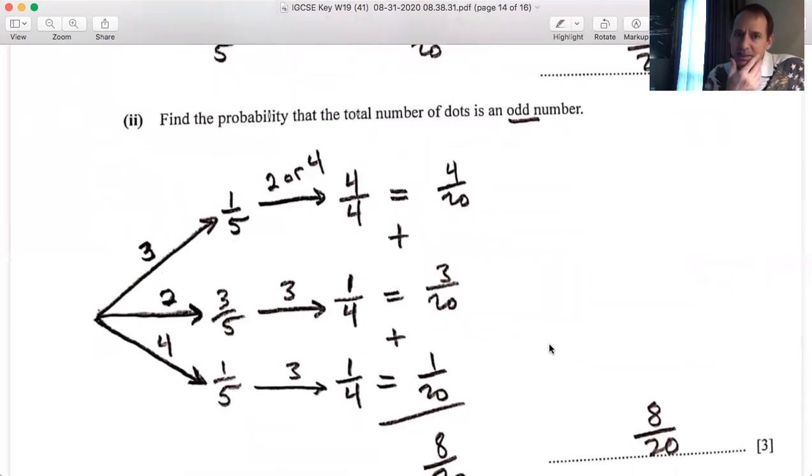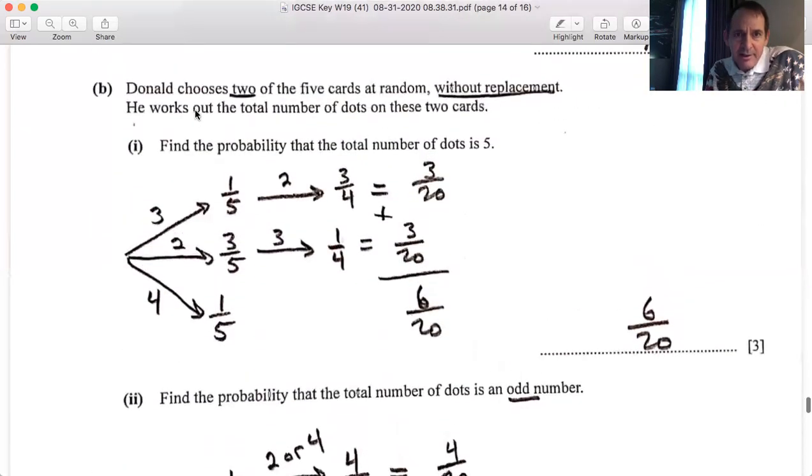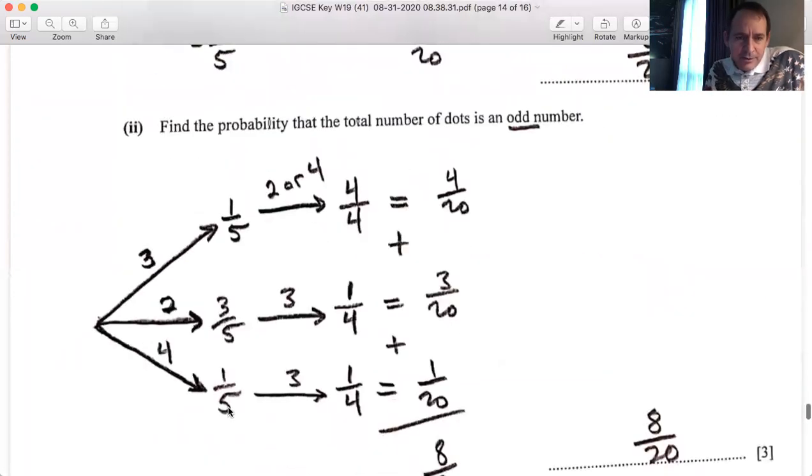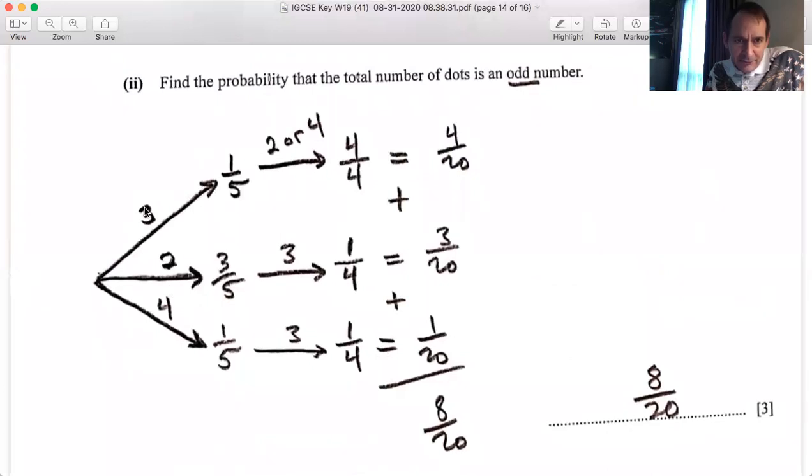Find the probability that the total number of dots is an odd number. Notice this is still under the idea that he draws 2 cards without replacement. So again, the first card will either be a 3, 2, or 4 with our 1/5, 3/5, and 1/5.